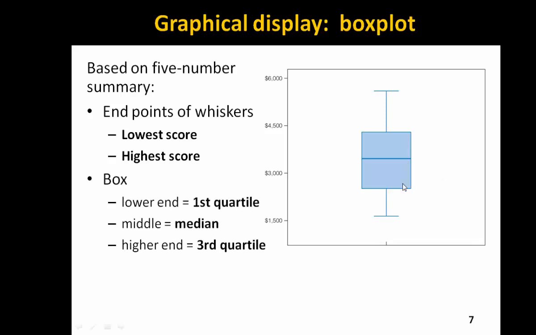The low end of the box is the first quartile, the higher end of the box is the third quartile, while the middle part of the box is the middle point or the median value in our sample. So this ends this first video of Unit 2.